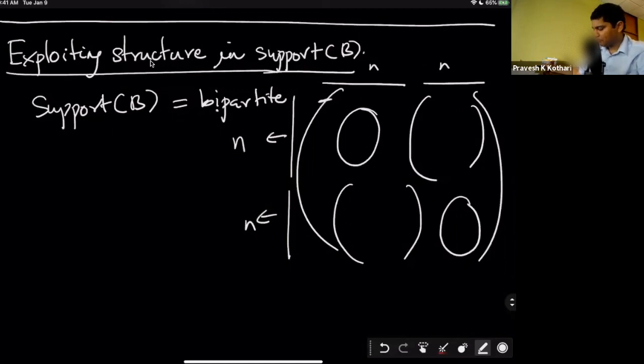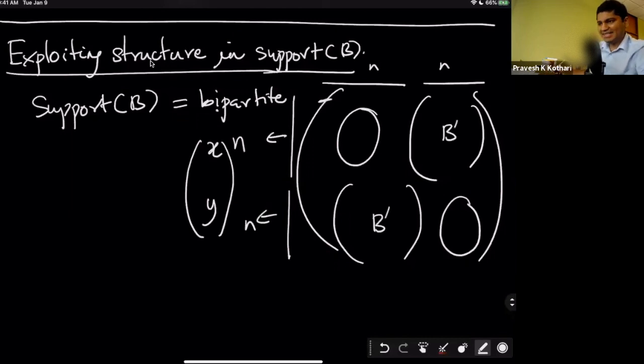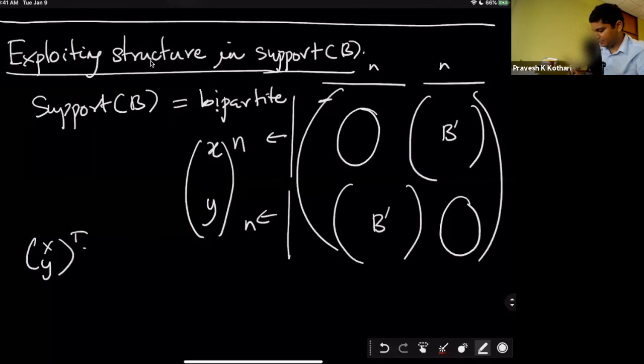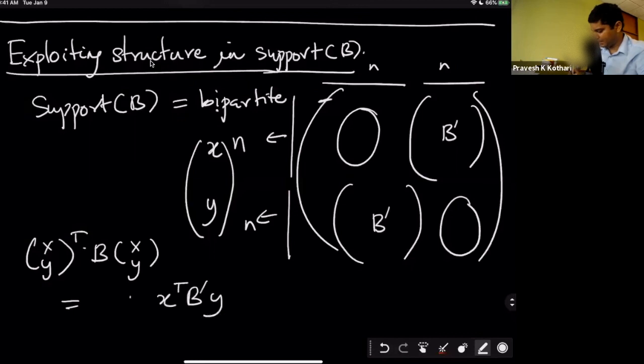So if we now divide the Boolean vector in 2n dimensions into two vectors of dimension n each, then notice that the quadratic form, let's call this matrix B prime for now, I'm going to make it B in a second, XY transpose B XY just equals X transpose B prime Y twice.